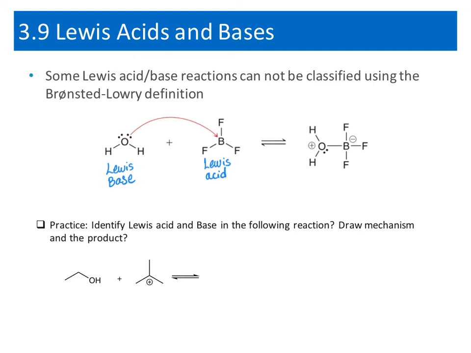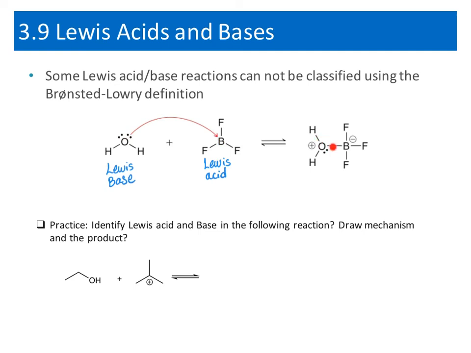Another important thing, when we have Lewis base reacting with Lewis acid, we show the movement of electrons with only one arrow. So for Bronsted and Lowry acid and base reaction, we use two arrows, if you remember. But here we only use one arrow to show the movement of electrons. Now if you look at the product, there is a bond between oxygen and boron right here.